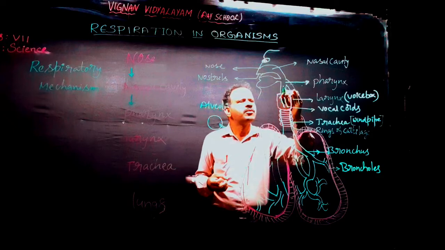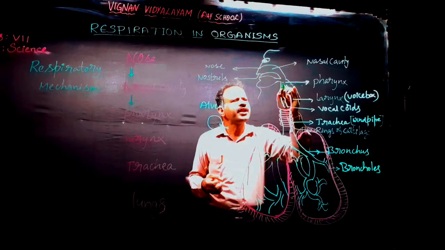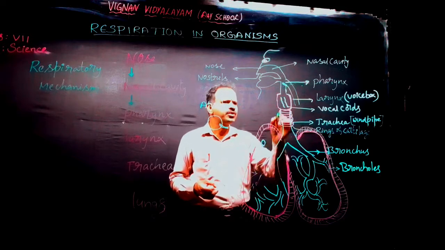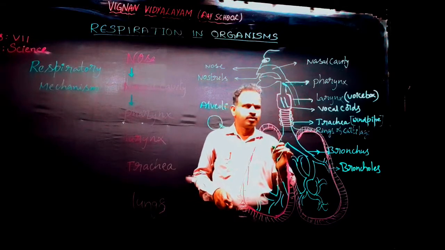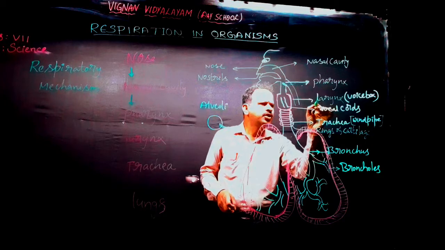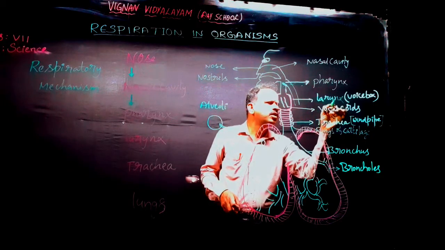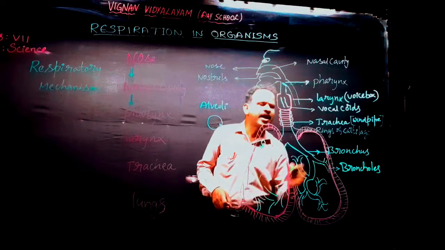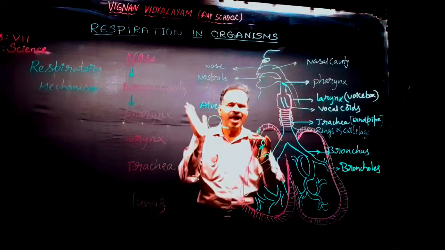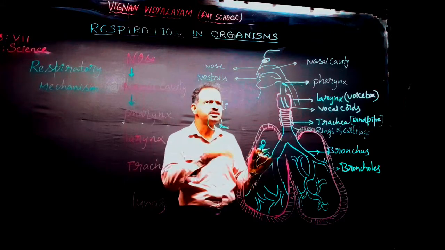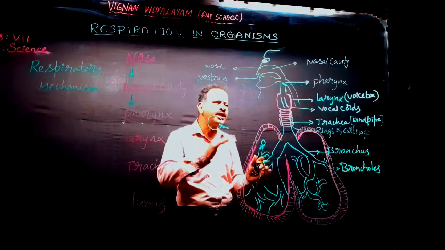So to prevent the entry of food into the larynx, there is a flap-like structure, a door-like cap or door-like structure.